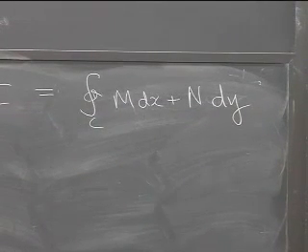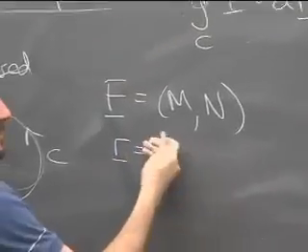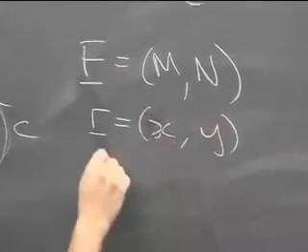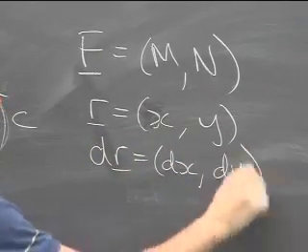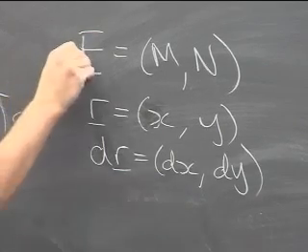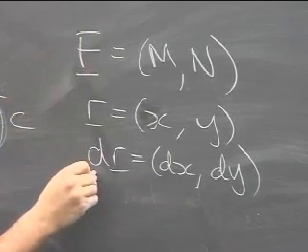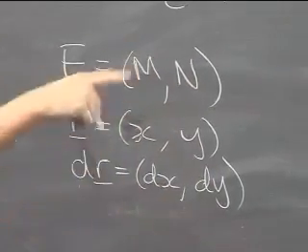Now, that's just an abbreviation, in a sense, for the fact that r is equal to (x, y), so dr ought to be equal to (dx, dy). Okay, so if you took the dot product of F and dr, you get M dx plus N dy, which is exactly what's written there.